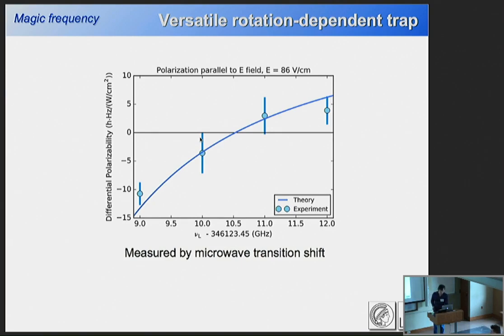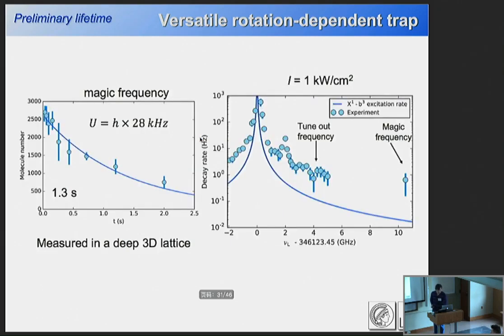And the last result is, we also measure the lifetime near the magic wavelength. It's about 1 second, and the light shift is about 28 kilohertz, about 1.5 microkelvin.